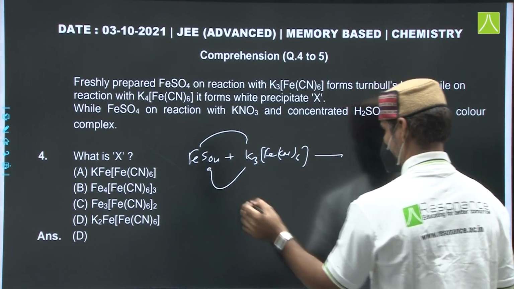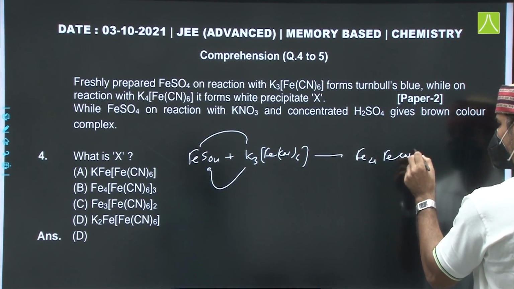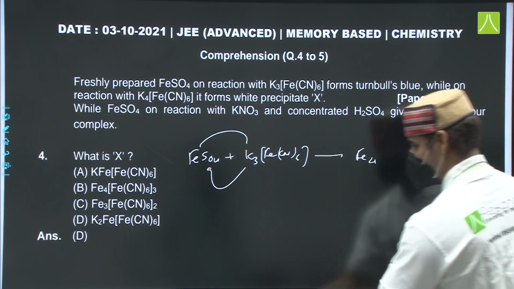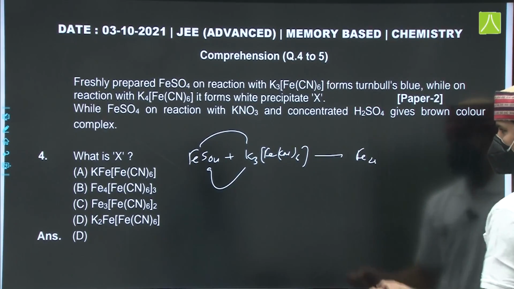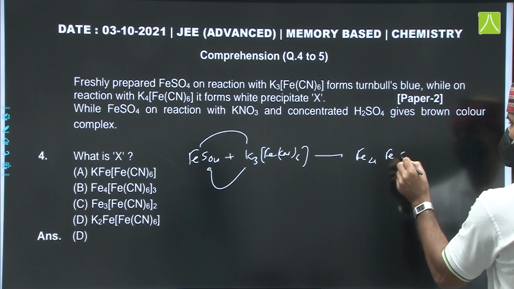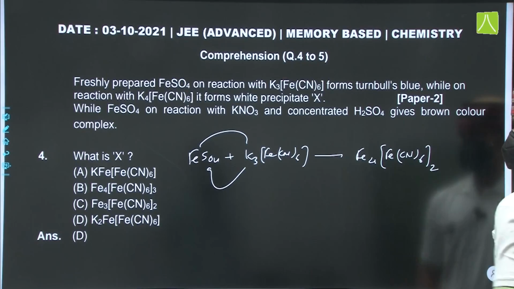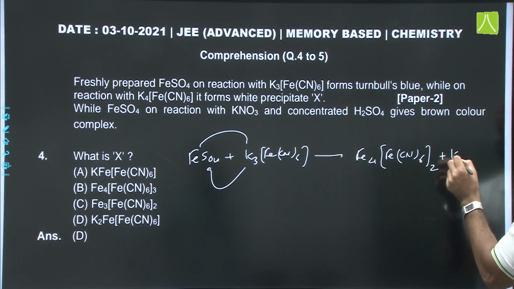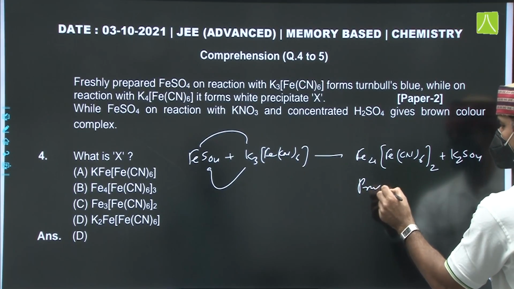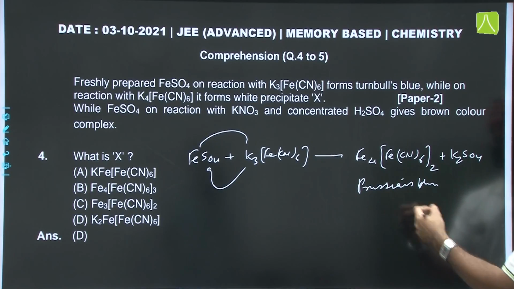It would be like this and form Fe4[Fe(CN)6], with K2SO4. I am not writing this reaction in balanced form. As we know, it is Prussian blue or Turnbull's blue.